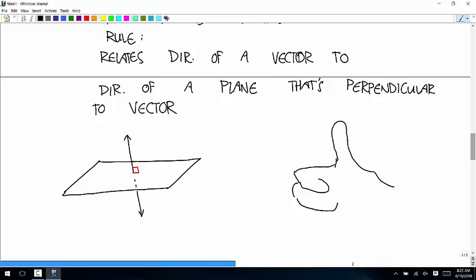Actual hand may vary. Okay, and so the way this works is the thumb is always the direction of the vector, and the fingers are always curling in the direction of the rotation in the plane.